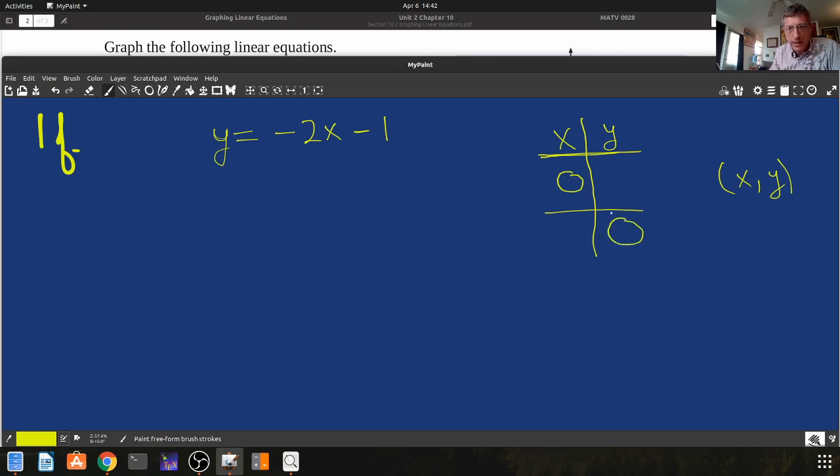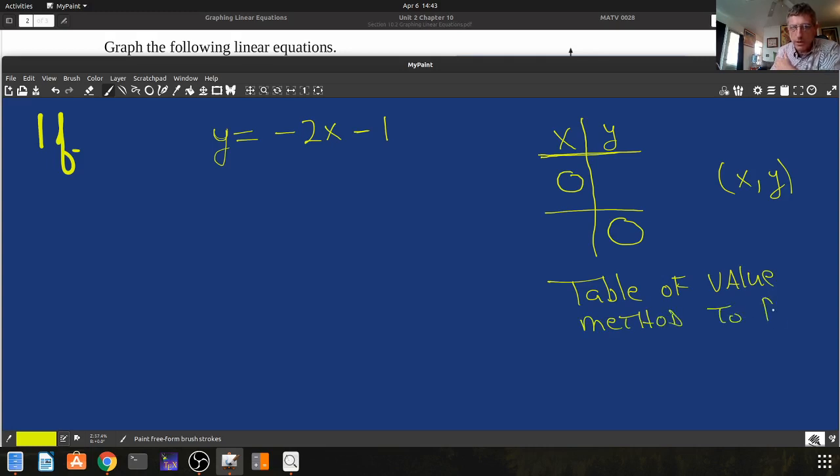So see this kitty corner 0 format? That's what we're going to do. When this works, it doesn't always work, but when it works, it's the easiest way to use a table of values. This is called the table of values method. Make sure that's clear to you.